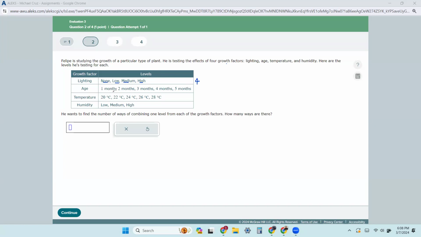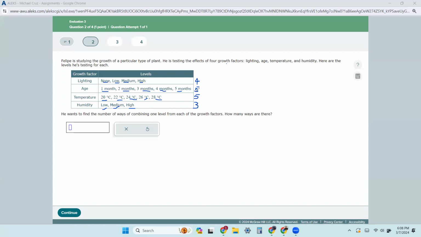How many ages we dealing with? 5. And then we got how many temperatures? 5. And then 3 humidity levels, correct? Yes.